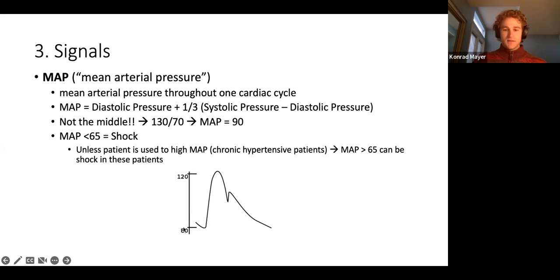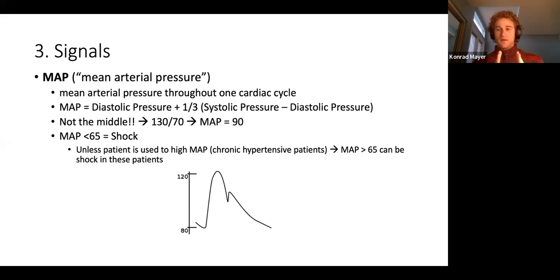So this diagram shows the arterial pressure during one cardiac cycle. And as you can see, most of the time, the values are closer to the diastolic blood pressure than to the systolic. The systolic blood pressure is just a peak for a very small portion of this cardiac cycle.